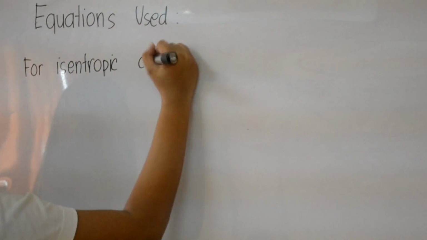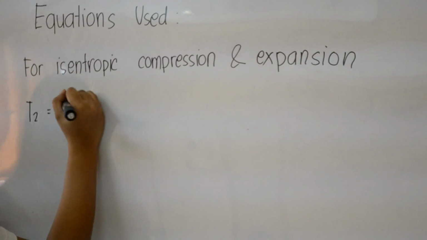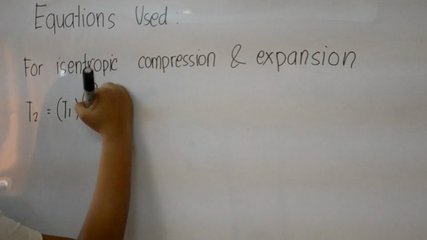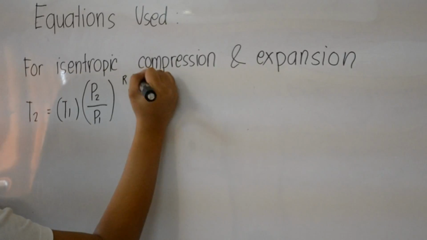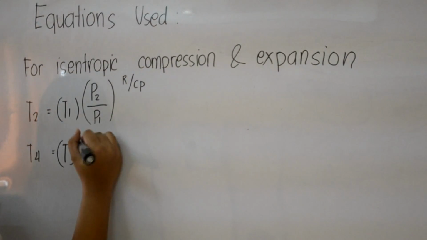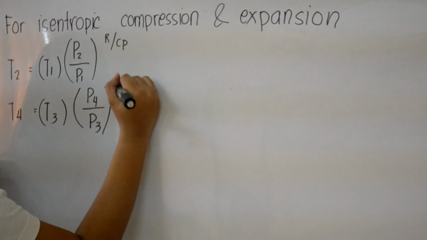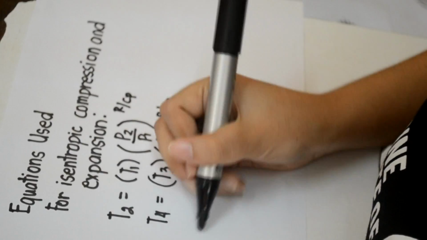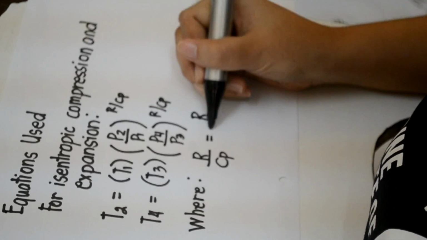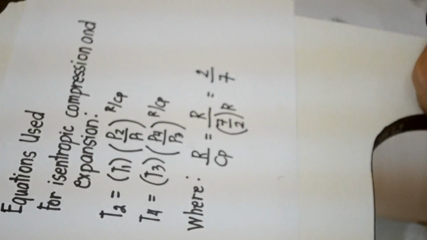Equations used for isentropic compression and expansion. T2 is equal to the quantity T1 times the quantity P2 over P1 raised to R over Cp. T4 is equal to the quantity T3 times the quantity P4 over P3 raised to R over Cp, where R over Cp is equal to R over the quantity 7 over 2 times R, which is equal to 2 over 7.